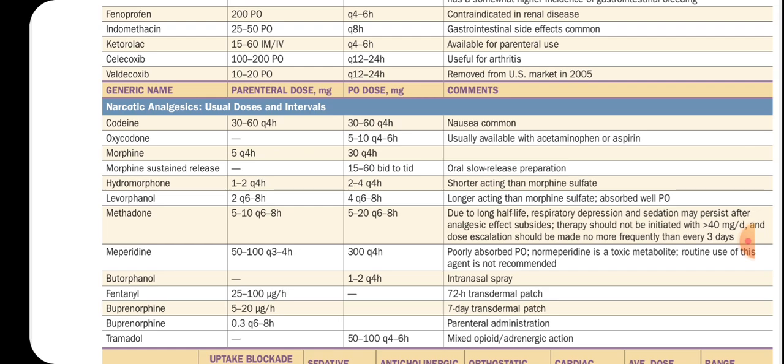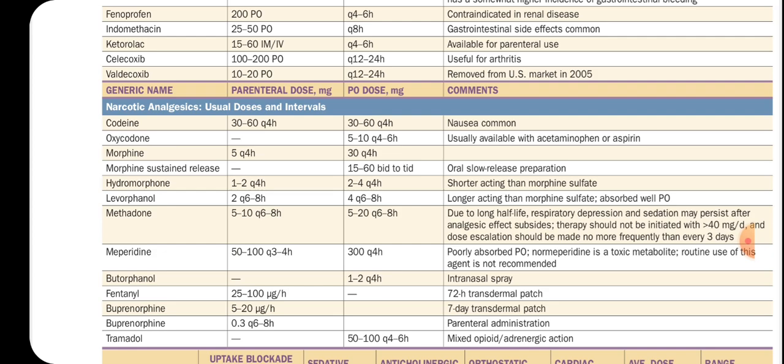Butorphanol, no parenteral dose. The PO dose 1 to 2 Q4H. Comments: intranasal spray. Fentanyl, parenteral dose 25 to 100 micrograms per hour.